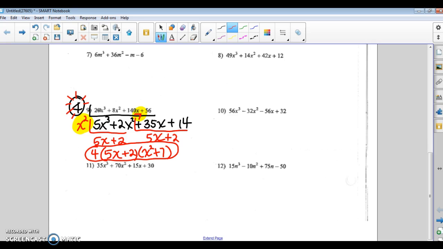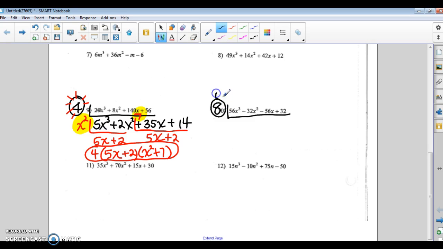Okay, now let's take a look at the next question. Among 56x to the third minus 32x squared minus 56x plus 32, the first thing we need to look at is whether they have any GCF. As you see on the flow chart that I gave you, the green sheet, you always need to check for GCF. So for this question, what was the GCF? 56 and 32 are big numbers, but we do have a common factor, which is 8.